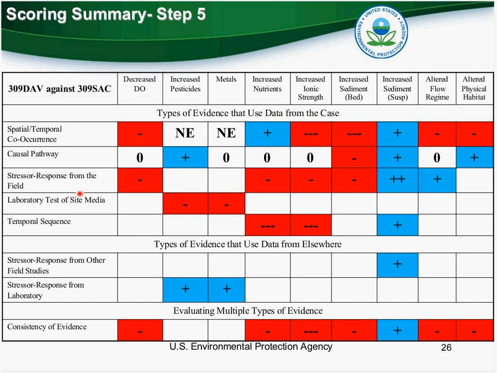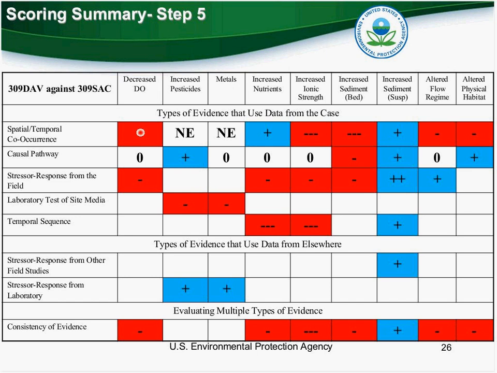Down here are the different types of evidence that we had data for, and then how we scored it. If the data did not support that stressor as being the cause, it was scored a negative. So here, for temporal co-occurrence and decreased dissolved oxygen, it was scored a negative and a red, meaning that it was unlikely, given the data we had, that DO could cause the biological impairment.